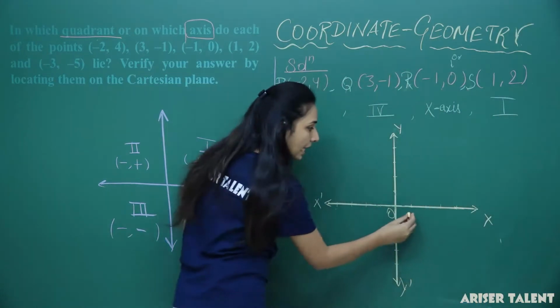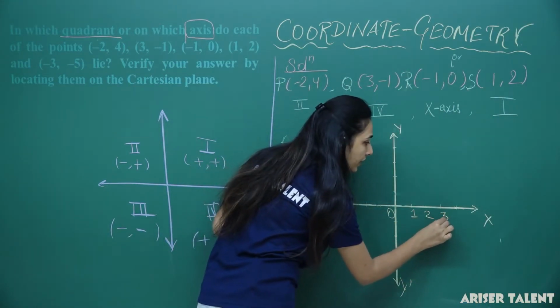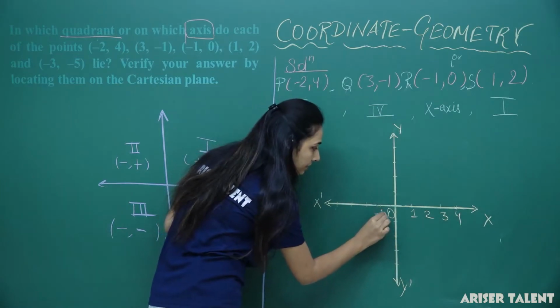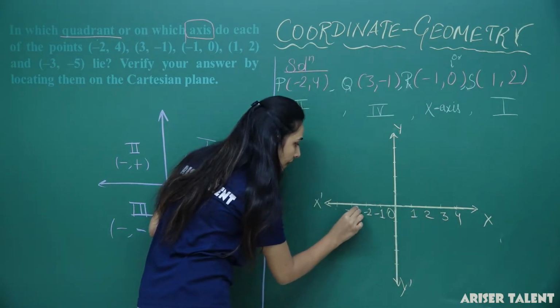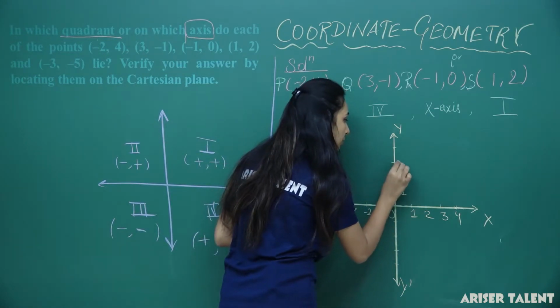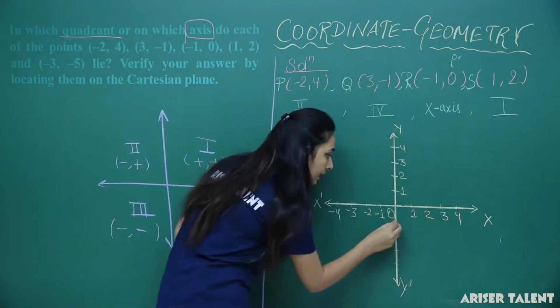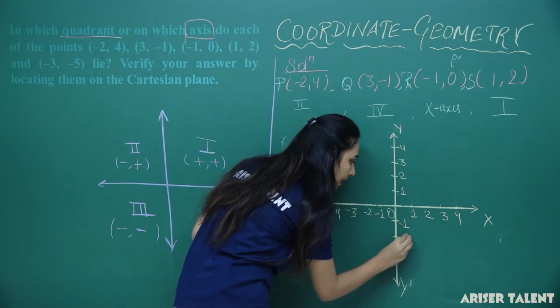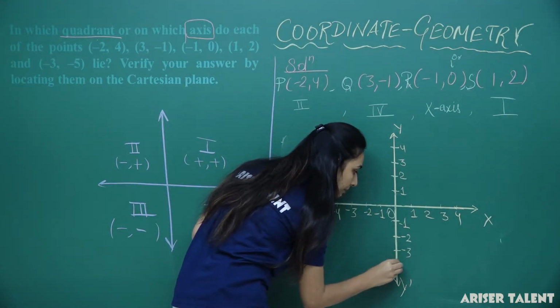So that will be 1, 2, 3, 4, minus 1, minus 2, minus 3, minus 4, and then 1, 2, 3 and 4 here, minus 1, minus 2, minus 3 and minus 4.